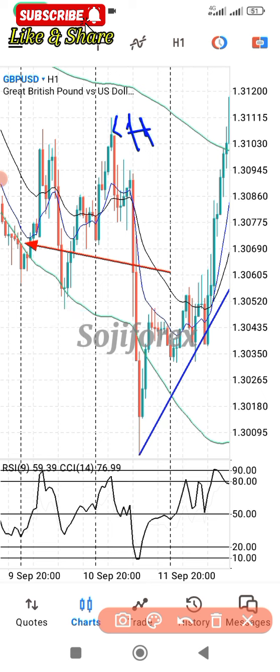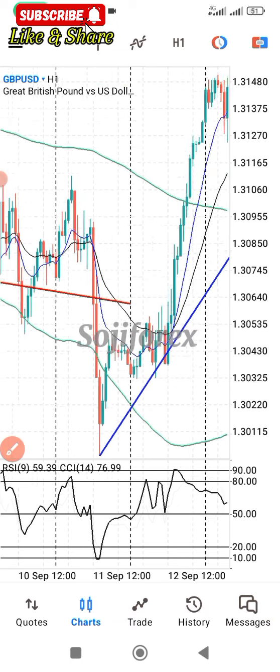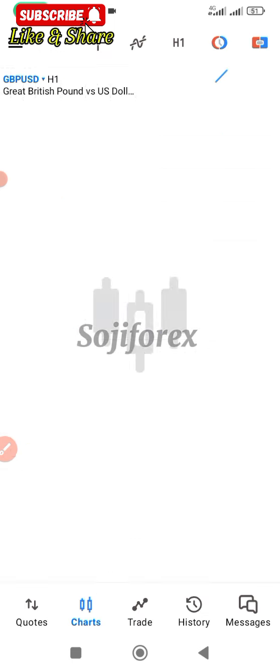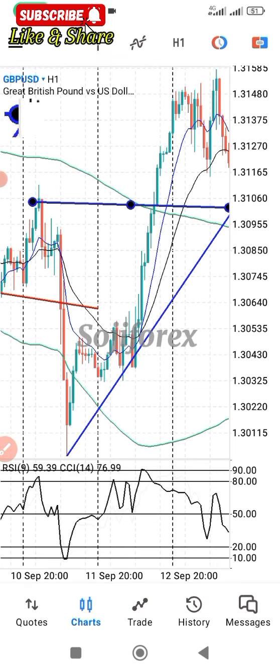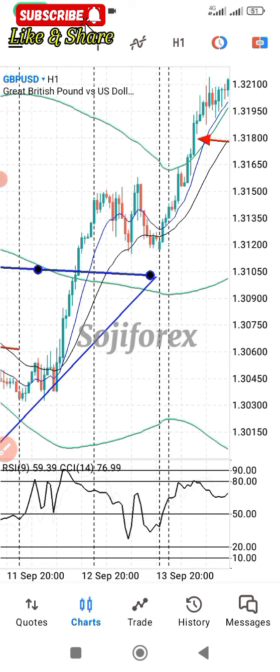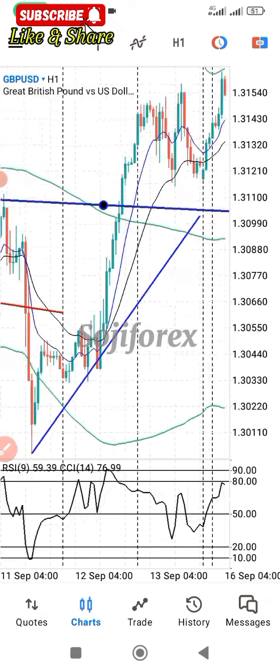This is my last structural point. So once price takes out this high, that becomes a break of structure. And of course, price broke structure here. So this structure was broken and price is on its way to the upside.